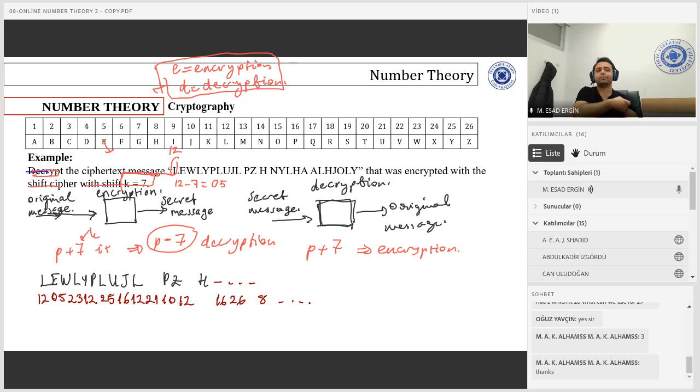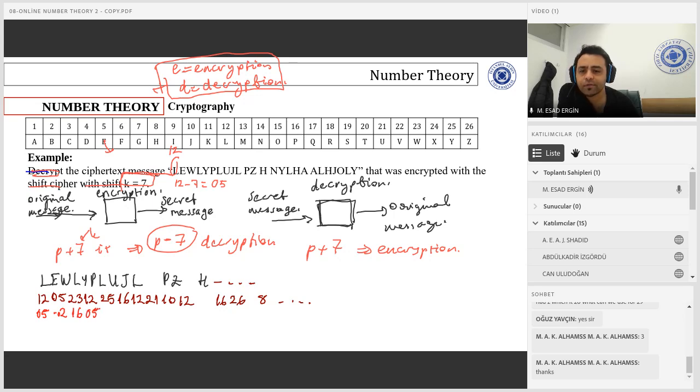So 12 minus 7 is 5. 5 minus 7 will be minus 2. And 23 minus 7 will be 16.